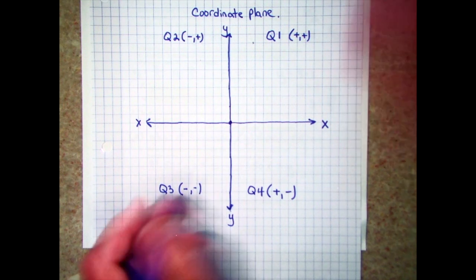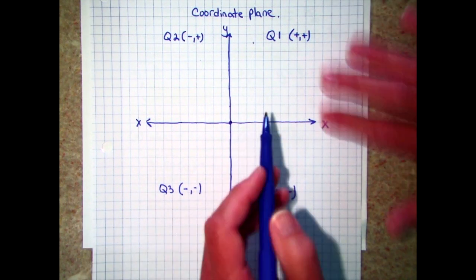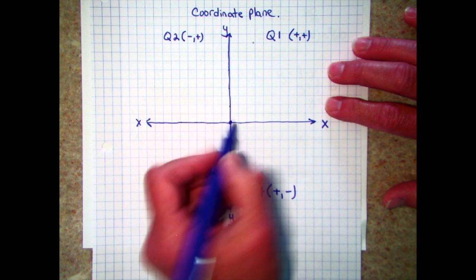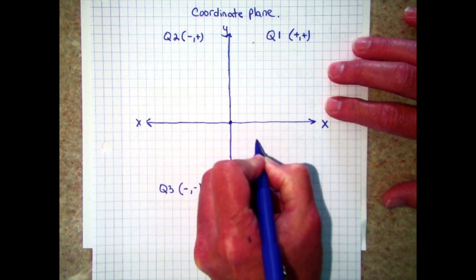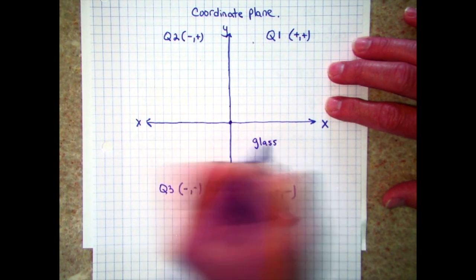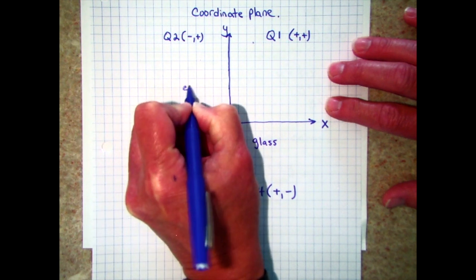So, which quadrant would the sales of the lemonade be in? Well, we could say that this is the glass and this is the earnings right here.